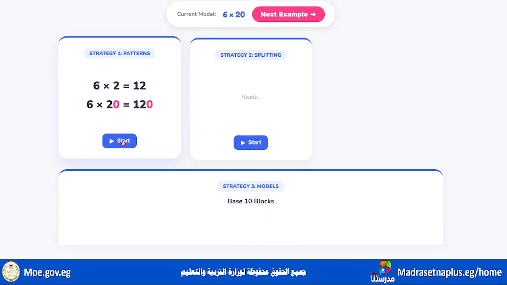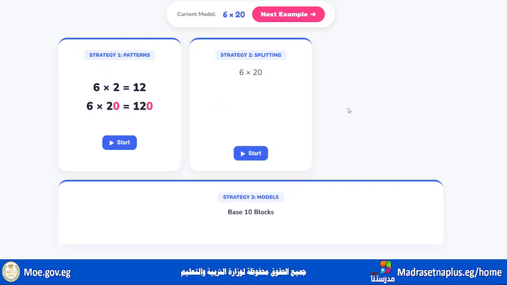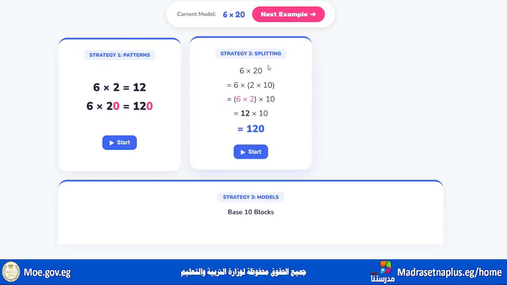What about splitting? 20 equals 2 times 10. So from the beginning, 6 times 20, split 20 into 2 and 10. So 6 times 2 times 10. By the associative property, 6 times 2 is 12, and 12 times 10 is 120.